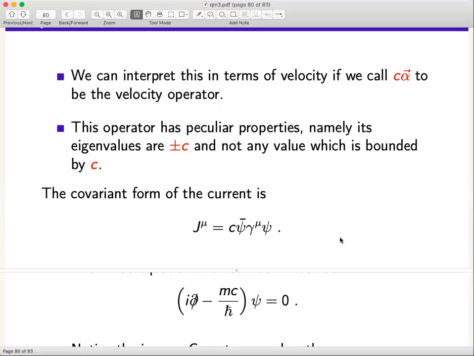What you will find, we will see maybe next class or the lecture after that, is that the four component solution... Let me give you an analogy, which is what precisely happens in the Dirac equation, but it's easier to explain in the Schrodinger equation.